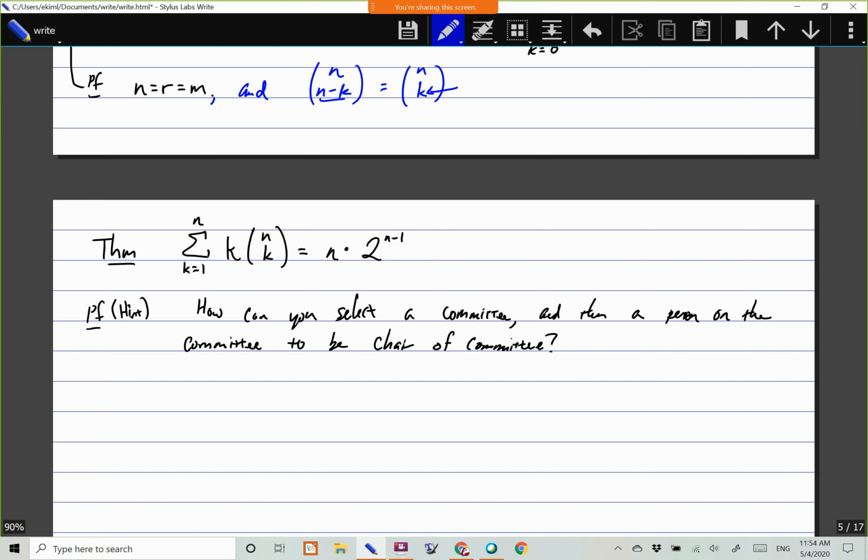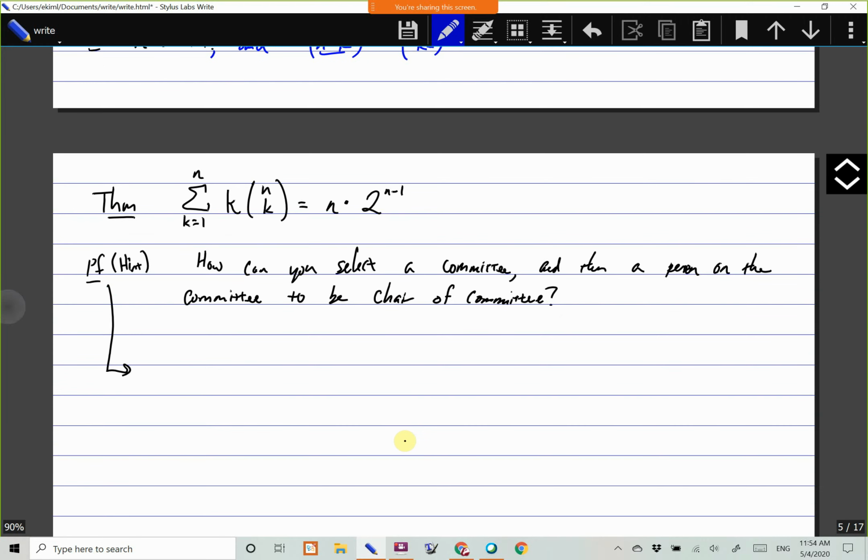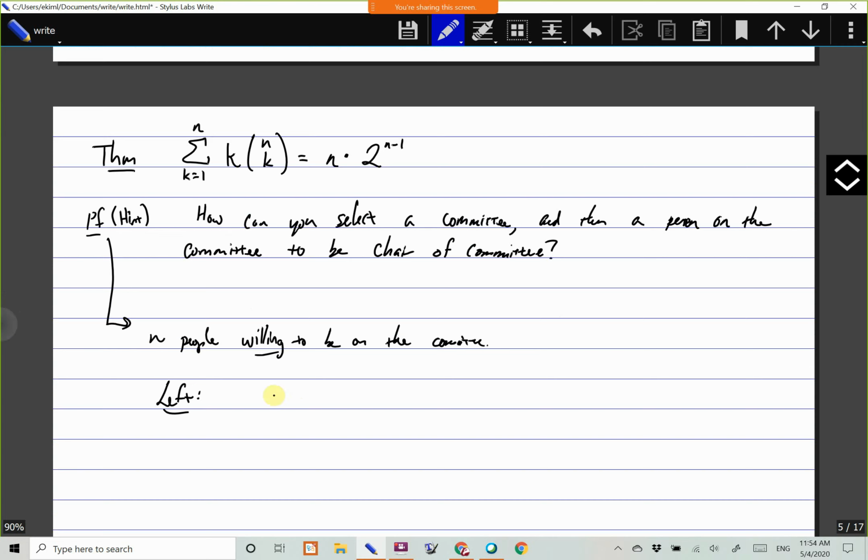Okay, I'm going to expand the hint a little bit. Let's say there are n people total, n people willing to be on the committee. On the left side, the size of the committee is k.